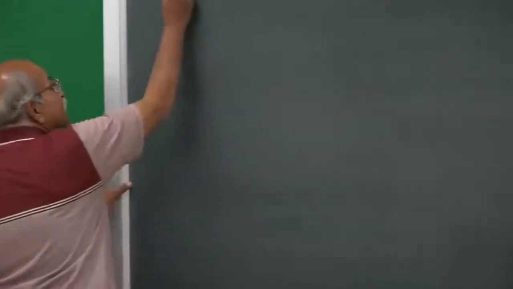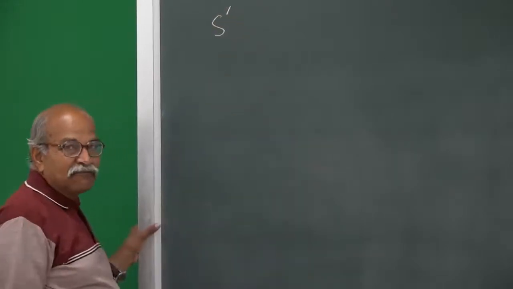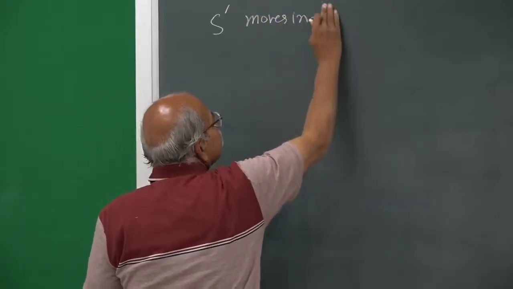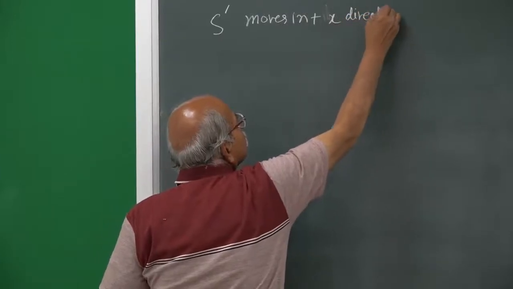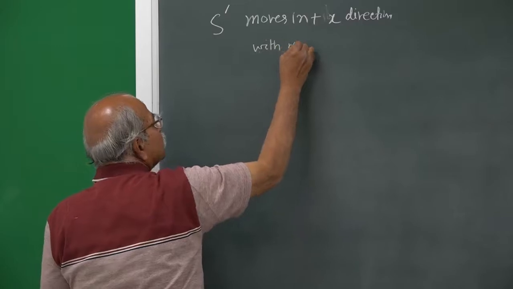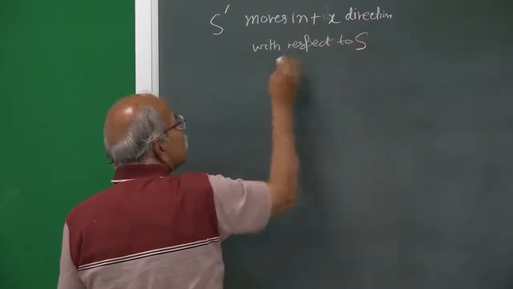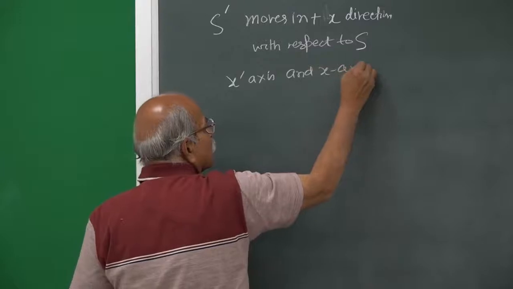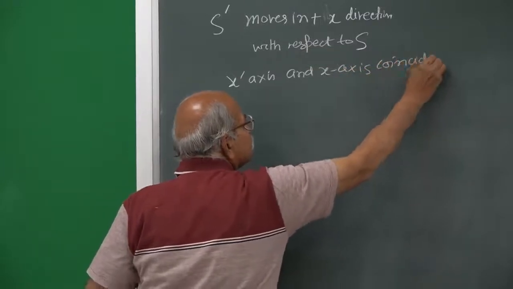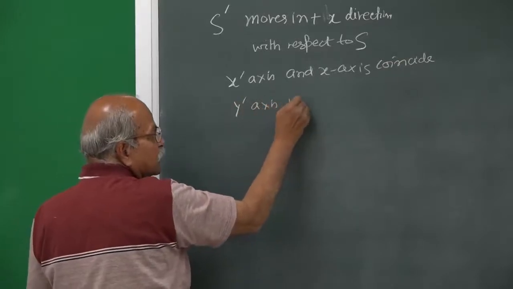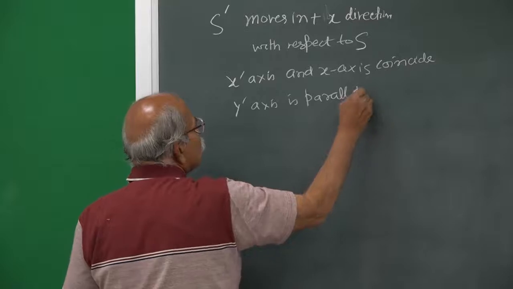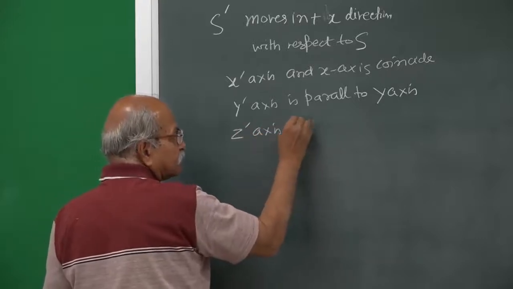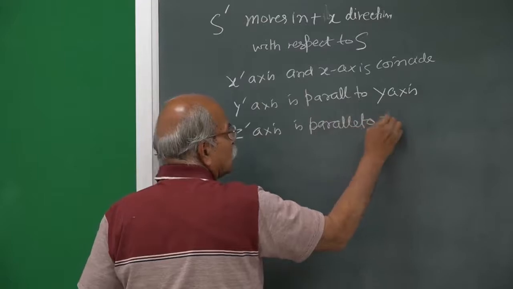From the very beginning I have said that whenever I use S prime, I will have this convention that S prime moves in the positive x direction with respect to S, then the x prime axis and x axis coincide all the time, then the y prime axis is parallel to the y axis all the time, and of course then the z prime axis will be parallel to the z axis all the time.